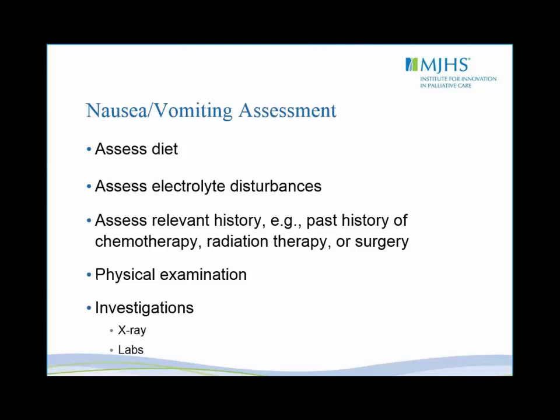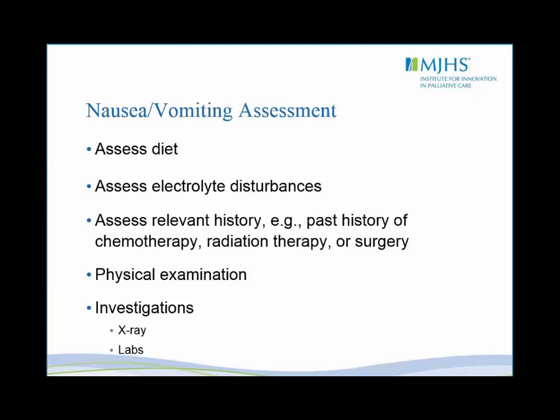So again, the assessment involves assessing the diet, the electrolyte disturbances being a cause of so much nausea and vomiting, especially in the cancer population, and also advanced renal and liver disease. Have a good history of recent chemo and radiation, and a physical exam.